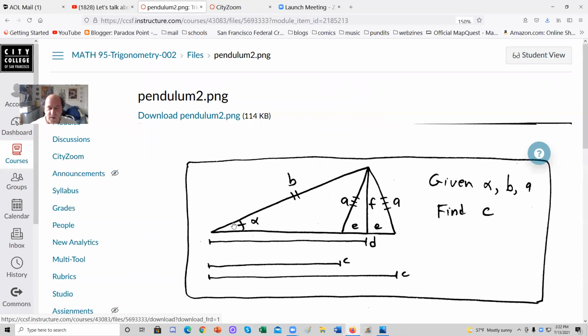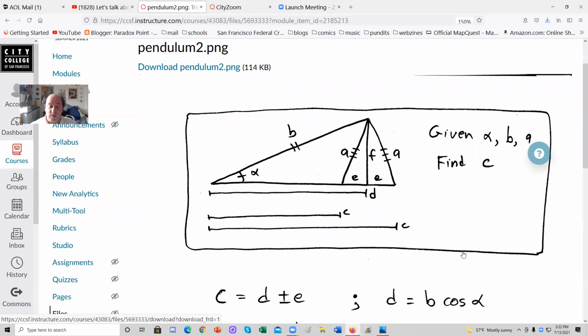We have angle alpha, side B, side A on the far side. We want to know what this distance C is here or here. Well, we drop a perpendicular, call this length F. Goes left or right, distance E, and C then will be D minus E or D plus E.